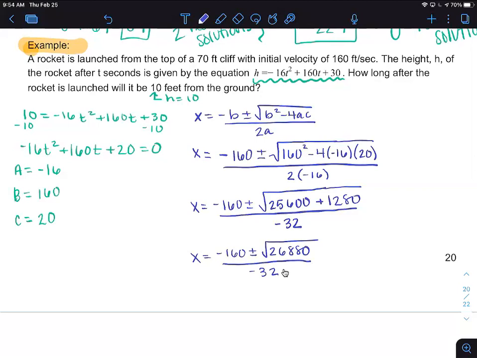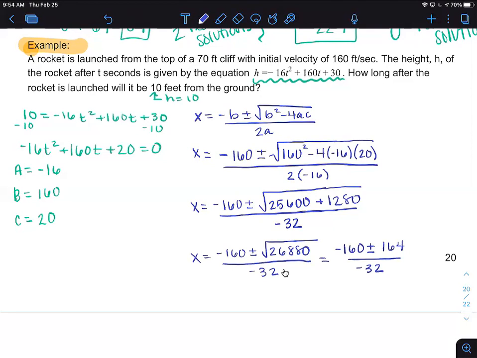A lot of times when we do word problems, it's going to ask us to go ahead and round. Every other problem you're doing, it's going to want it left as an exact simplified radical expression, which is what we saw in the examples in the Edpuzzle video. On this one though, since it's an application, we're going to do a decimal. So if I take the square root of 26,880, we get approximately 164, rounding to the nearest whole number. So we have negative 160 plus or minus 164, all over negative 32.